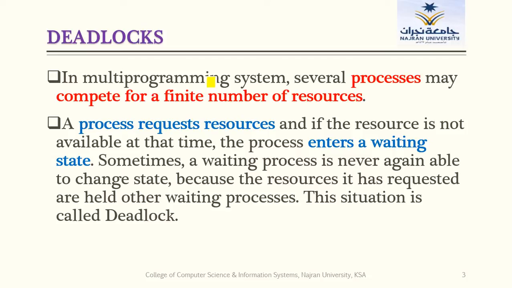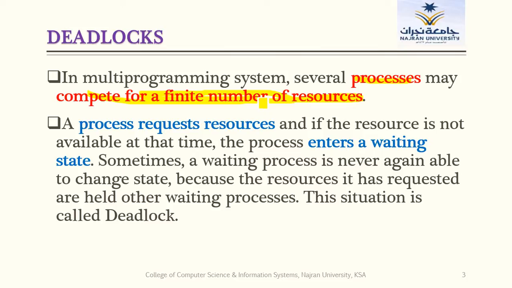We know that in operating system the two very important things are process and resources. And we also know that the number of resources is less as compared to the number of processes. So in a multi-programming system, several processes compete for a finite number of resources, because the number of resources in our computer is limited.